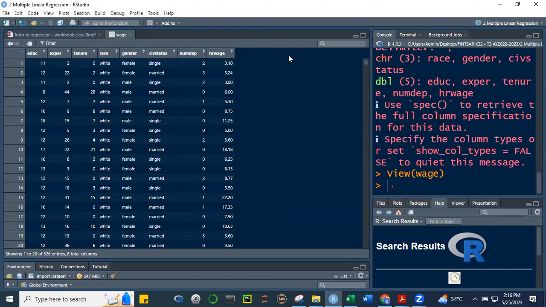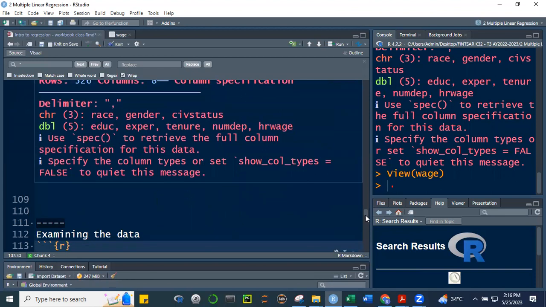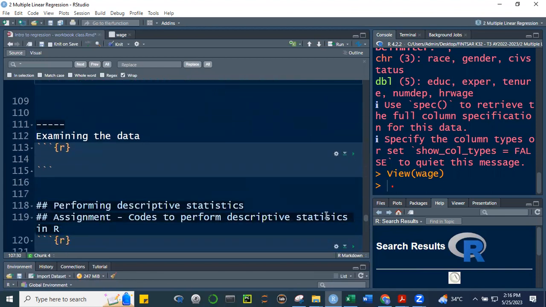Now, may assignment kayo, class, but it's not to be submitted. Ano yung assignment nyo? Kindly please read on how to create descriptive statistics. Ito, performing descriptive statistics. Ano yung mga codes na pwede natin gamitin for this data, yung wage data, para malaman natin ano ba yung mga descriptive statistics.